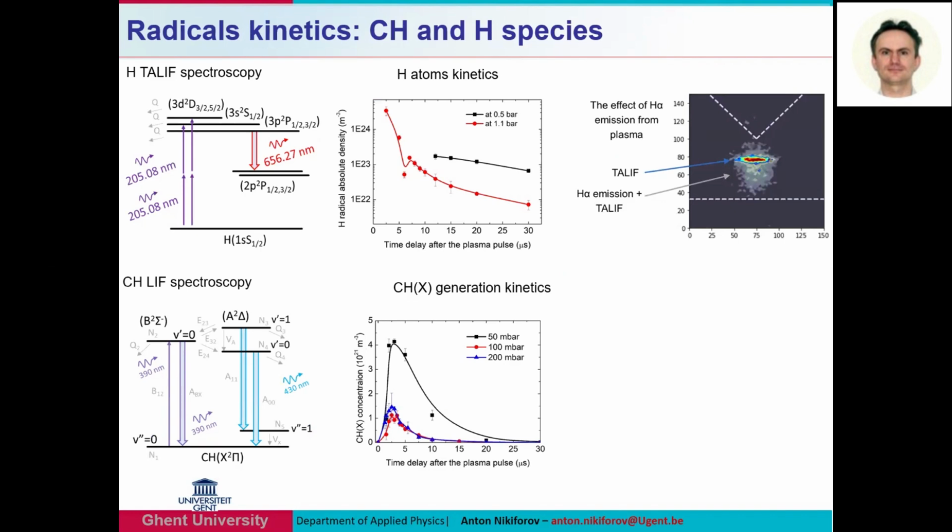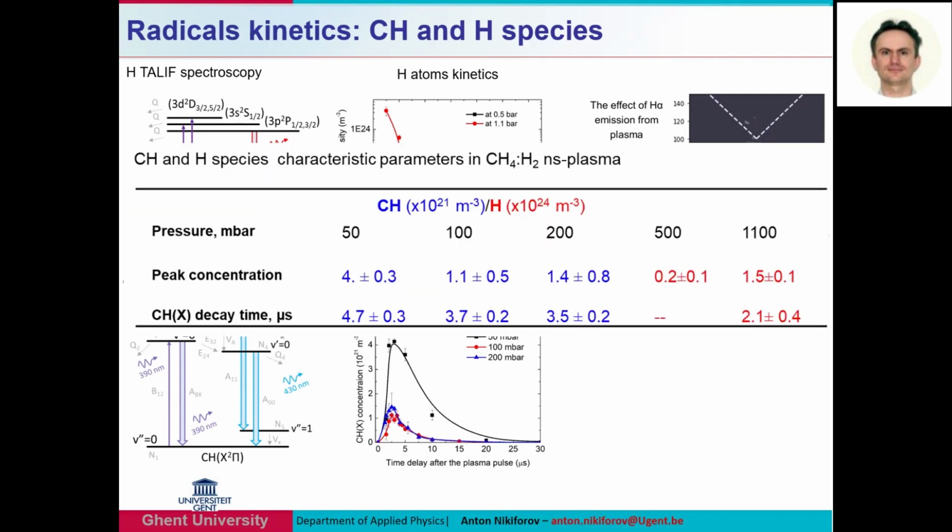And here is just an example of the spectrum, how it looked. Then we used this to calculate the density of hydrogen atoms. Here you see the kinetics of hydrogen atoms and the kinetics of CH radicals after the pulse. And here are some numbers. First of all, for CH radicals, which are in blue, we were only able to detect them at very low pressure.